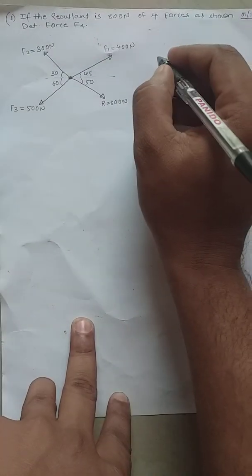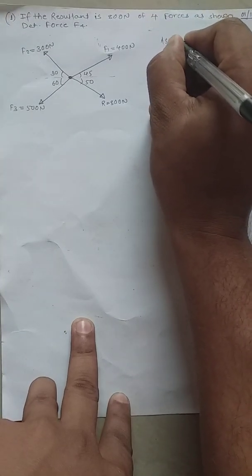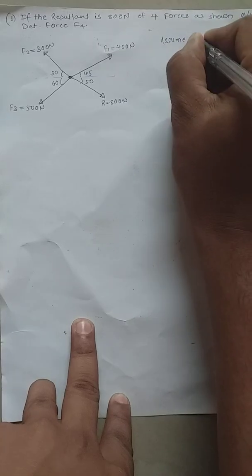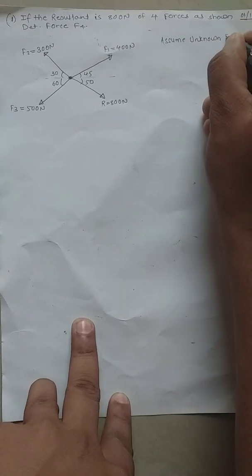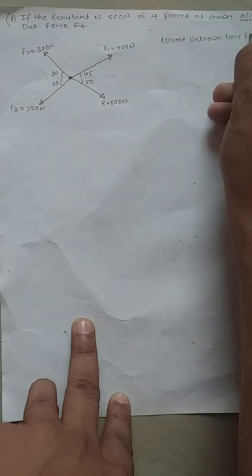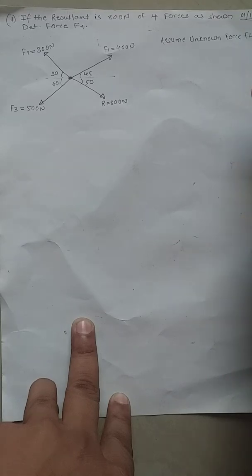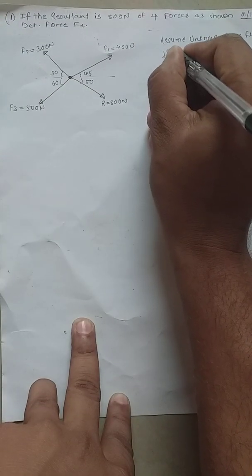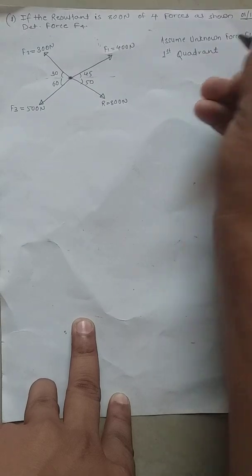Okay, so first of all we'll assume the unknown force F4 is in first quadrant.